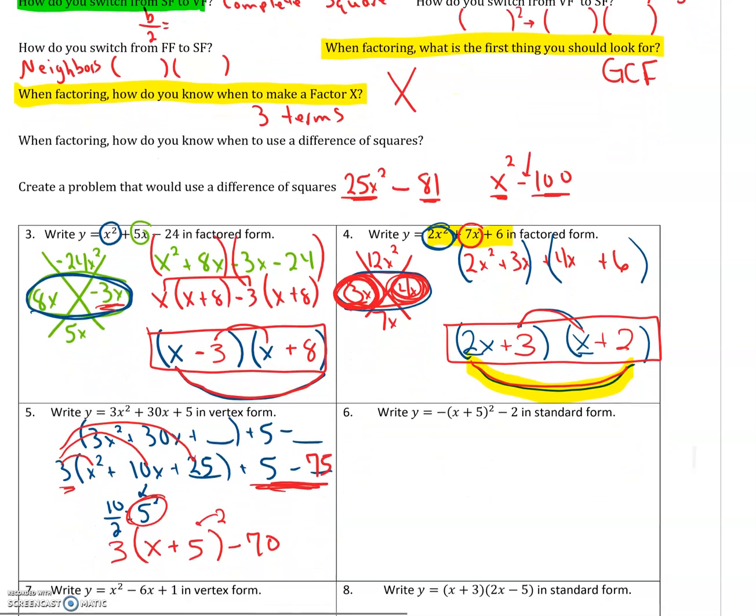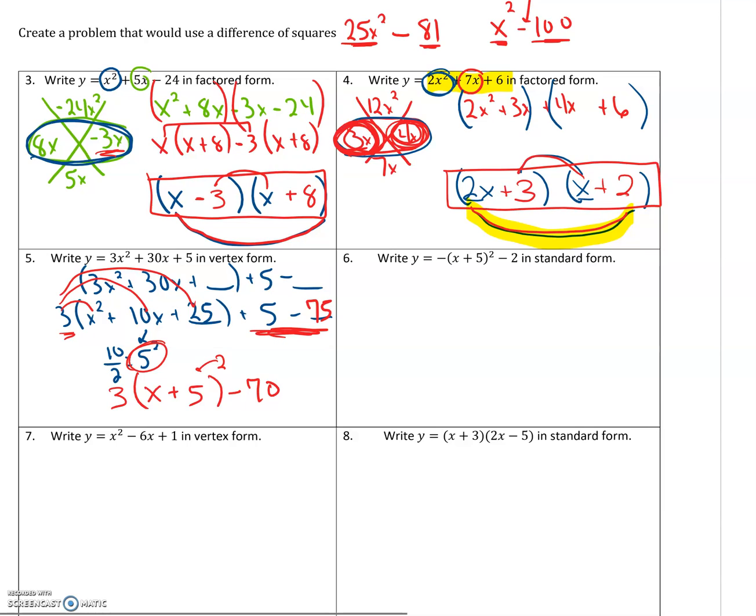So when you start problem 6, for instance, there are two x plus 5s, and then you'll need to make sure that all of these neighbors meet, and then at the very end, bring in that subtracting 2.